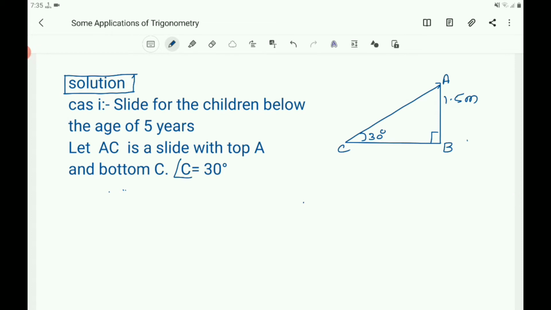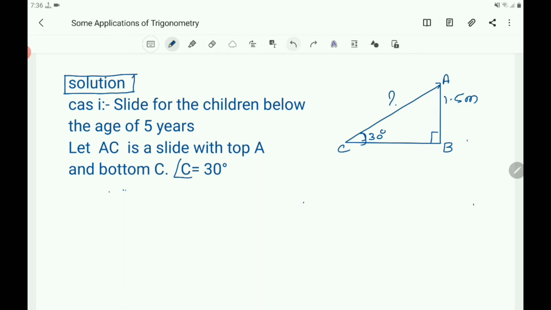AC is the hypotenuse and AB is given, that is 1.5 meter. We have to find out AC. With respect to the angle C, AB is the side opposite to it. To find AC, you must use the ratio with the opposite side and hypotenuse. And what is the ratio with opposite side and hypotenuse? That is sin theta. Now you use sin theta. Sin theta equals opposite side by hypotenuse.